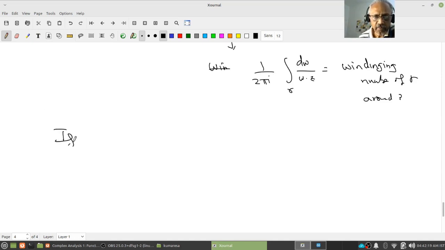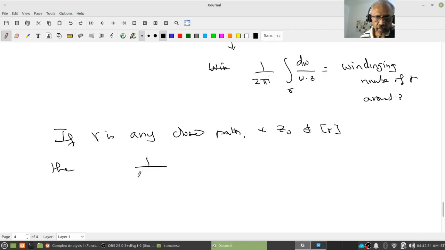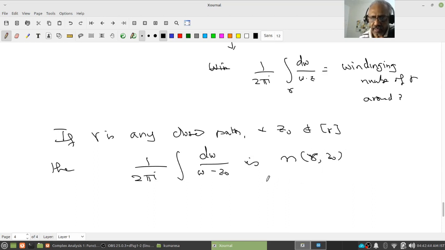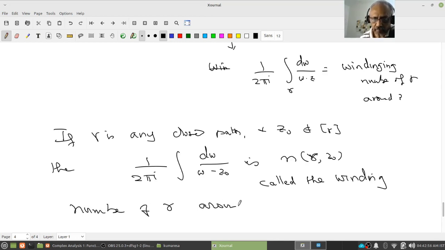So if gamma is any closed path and z0 is not in gamma, then 1 by 2 pi i integral of dw by w minus z0 is n gamma z0, and it is called the winding number of gamma around z0 and is denoted by n gamma z0.